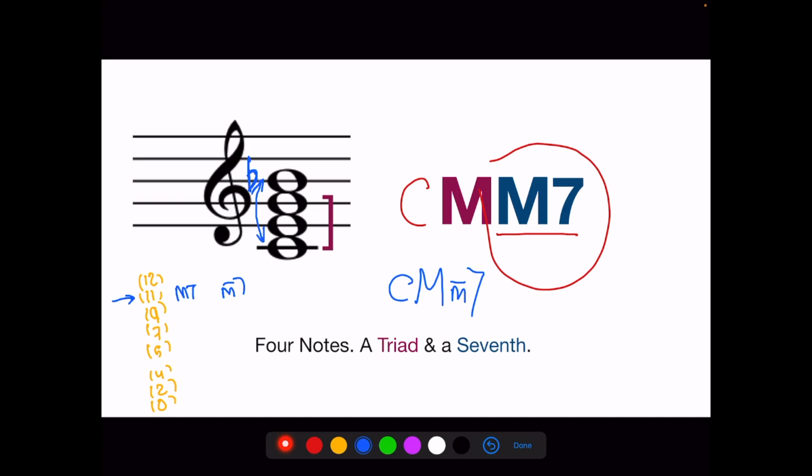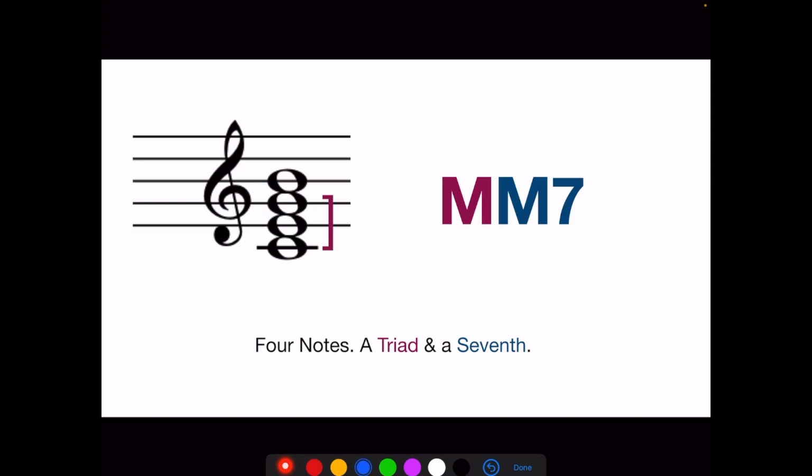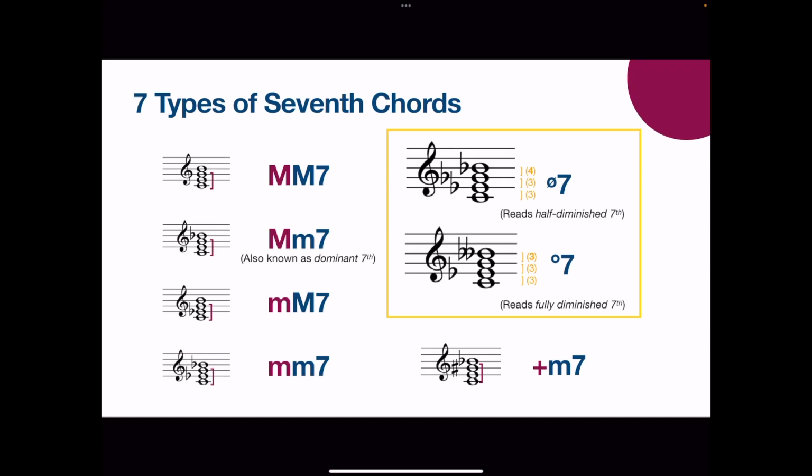So hopefully that is clear. We'll have another kind of chord that we need to deal with, but that will come. So hopefully you're very, very clear about this part, because the next slide is going to be important. So there are 7 types of seventh chords. Well, there are definitely a lot more than these 7 types, but at least for our class, this will be enough.